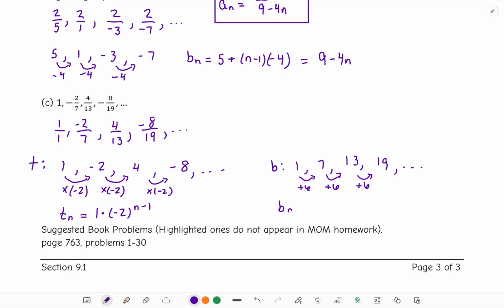So then Bn would equal 1 plus n minus 1 times 6, which is -5 plus 6n. And then since our original sequence was these two sequences over each other, we get -2 to the n minus 1 all over -5 plus 6n.